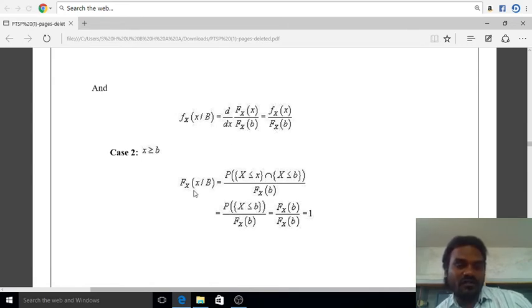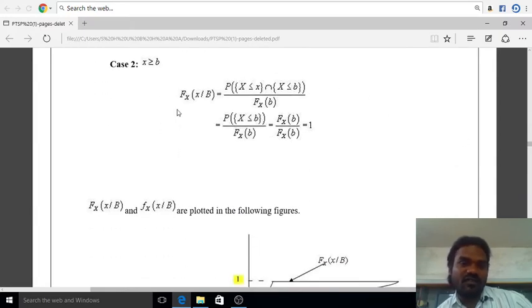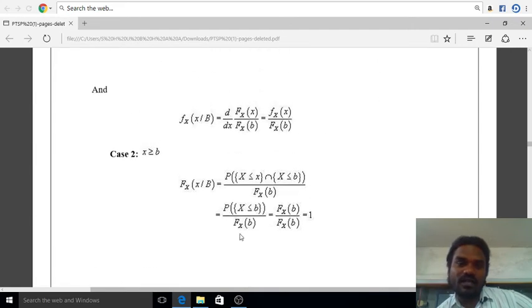Similar to that, we go with the second case. The second case is F_X of x by b, the distribution function, is equal to what we just got, and for the remaining part we have the probability of X less than or equal to b over F_X of b, which is equal to 1 only.